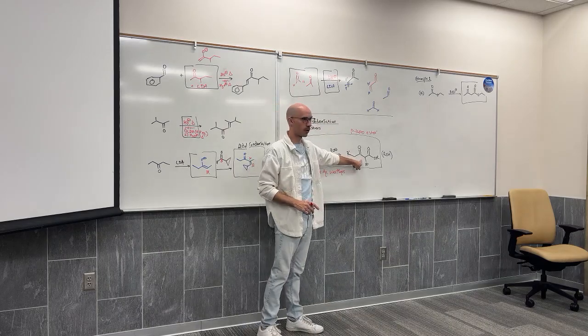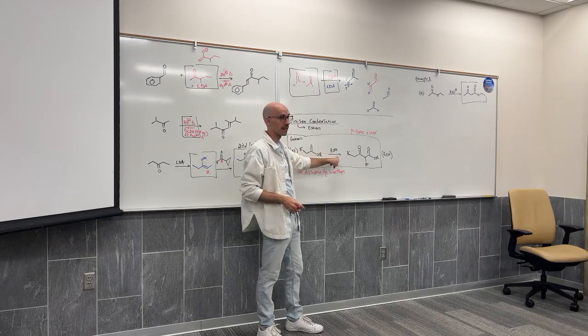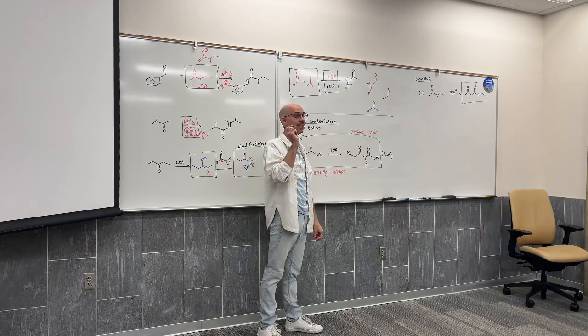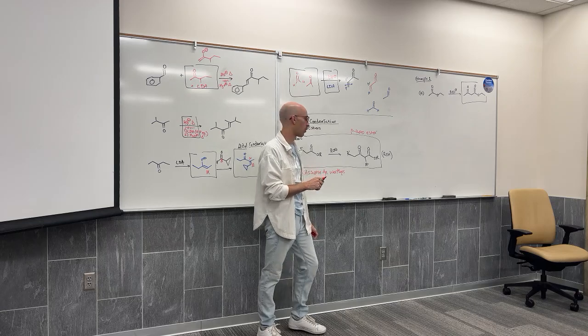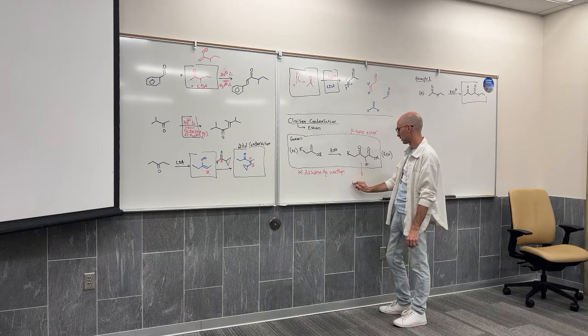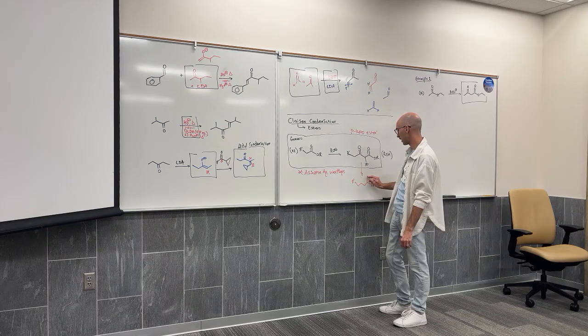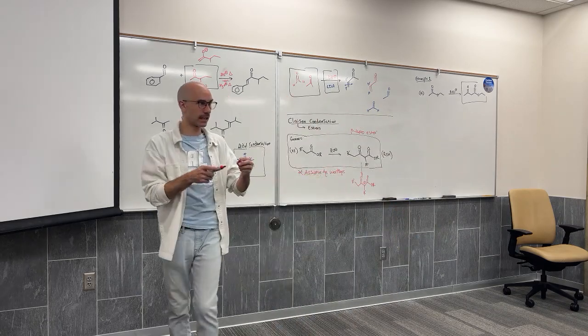When this product forms in the presence of a catalytic base, the alpha hydrogen is even more acidic than it was before. So if this forms, then it just readily becomes deprotonated to give us this enolate.